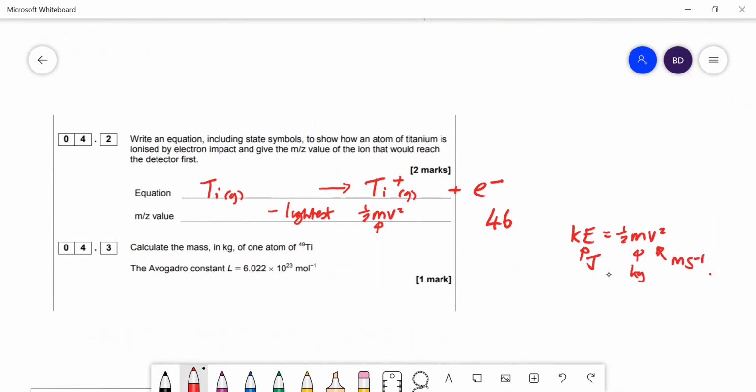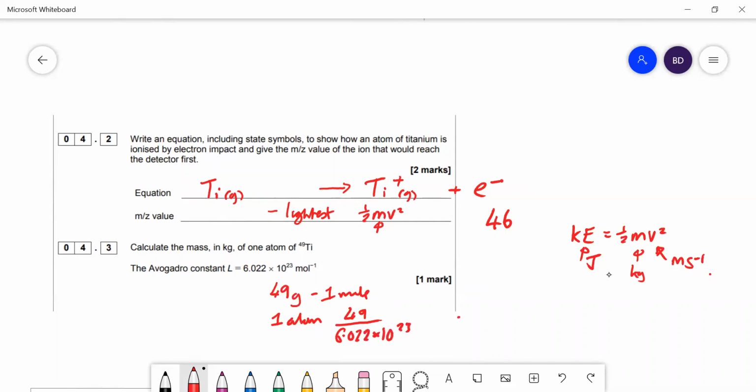Right, so let's do that. So the mass of a 49 Ti atom is going to be 49. 1 mole weighs 49 grams. So that's 1 mole. So 1 atom is going to weigh 49 over the number of atoms in a mole, the Avogadro number.